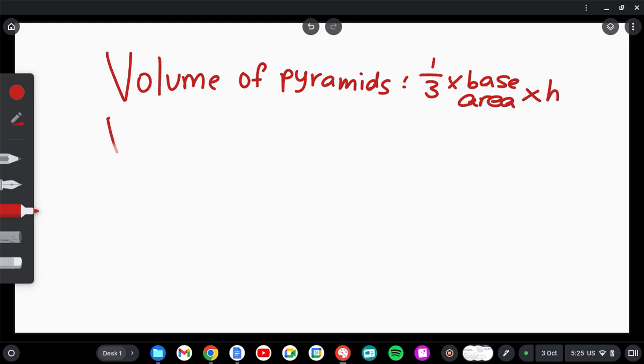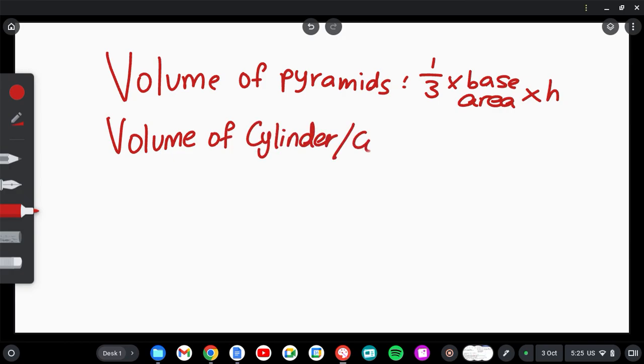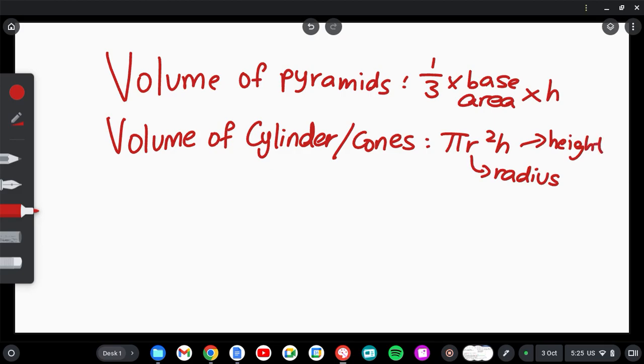Volume of cylinder is pi r square h. R is radius, if you all don't know. H is height. Pi, either use your calculator value or 3.14.